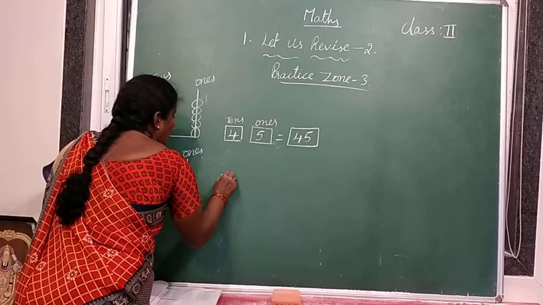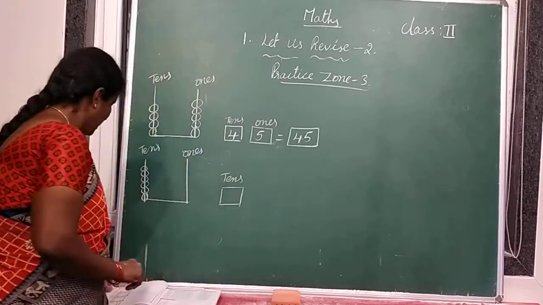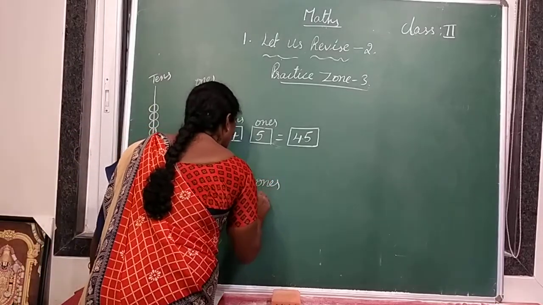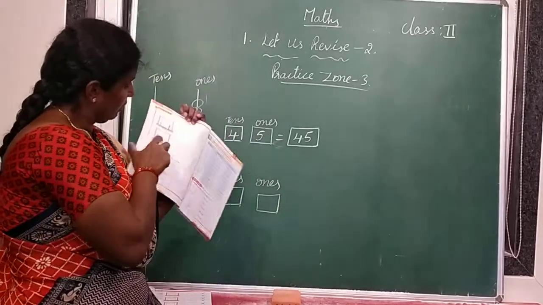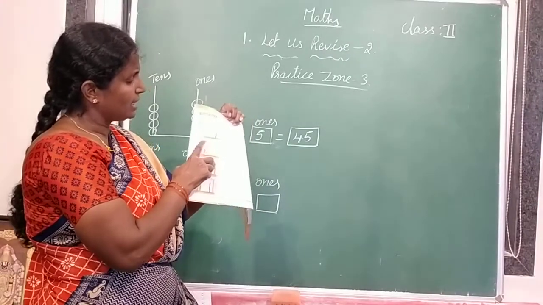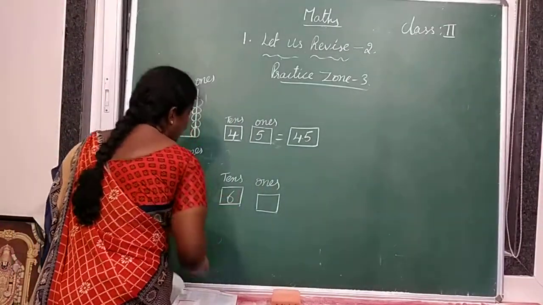Find out how many tens are there in the second abacus. See here. 1, 2, 3, 4, 5, 6 tens are there. So we have to write 6 on tens place.